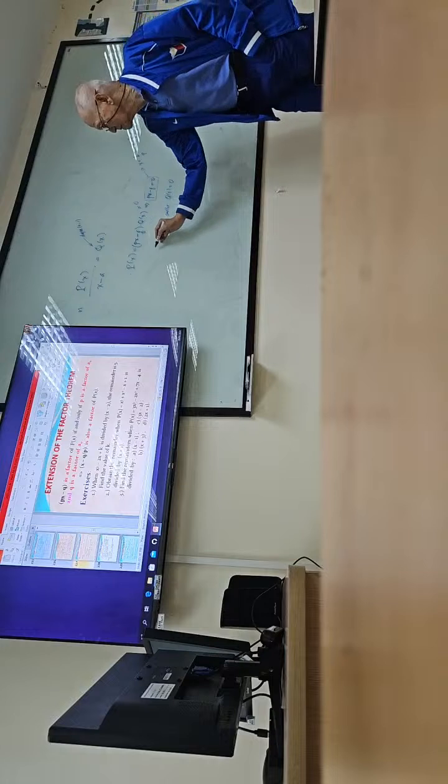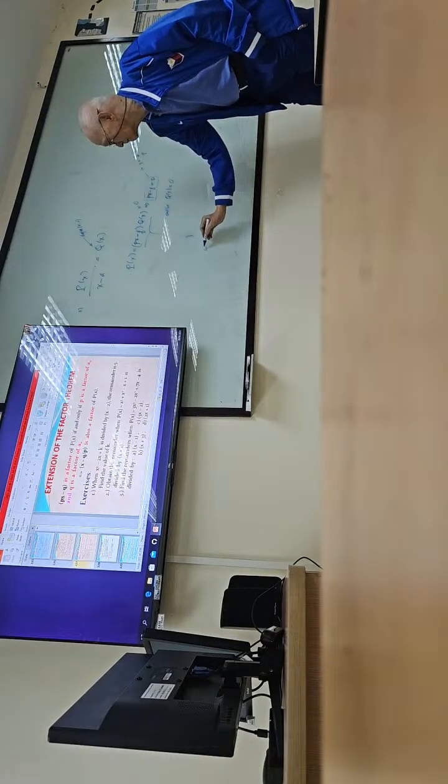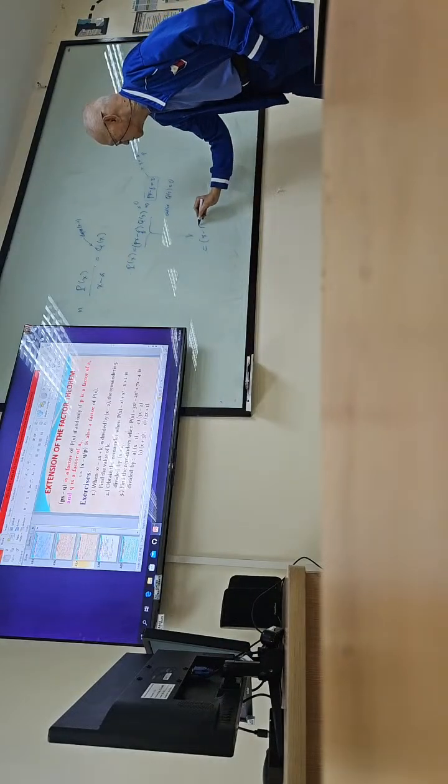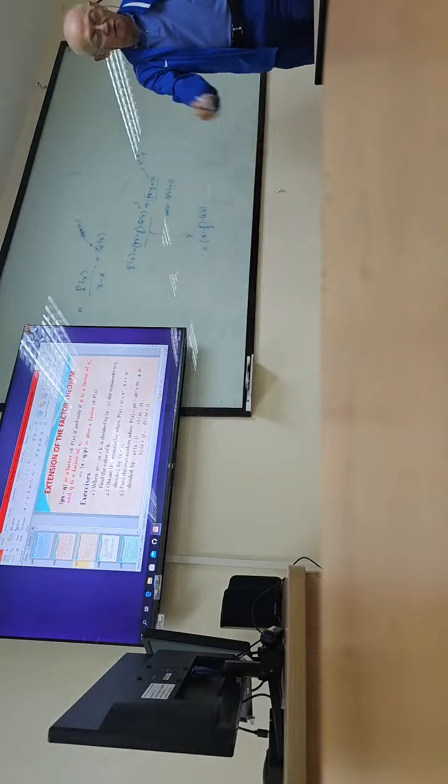So this now can be written as x minus q over p times q of x. That is what we are saying in that slide. This is an extension of the so-called factor theorem.